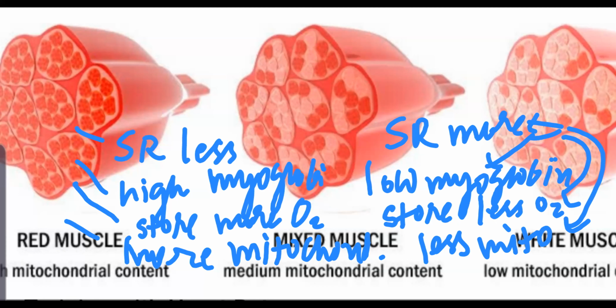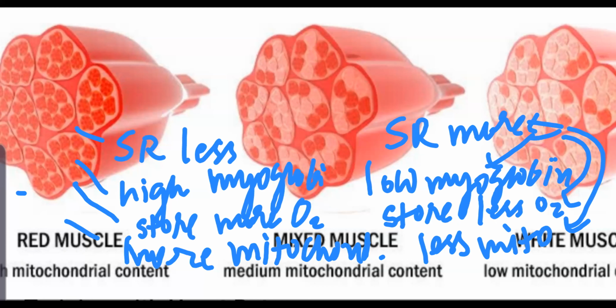Naturally, they can store more oxygen, and to use that oxygen, they have more number of mitochondria. The white muscles, with a low amount of myoglobin, appear white in color, they store less oxygen, they have less number of mitochondria. The only thing more is sarcoplasmic reticulum.